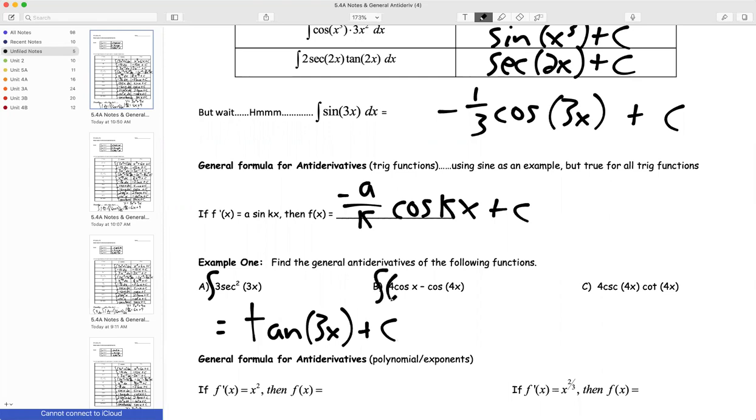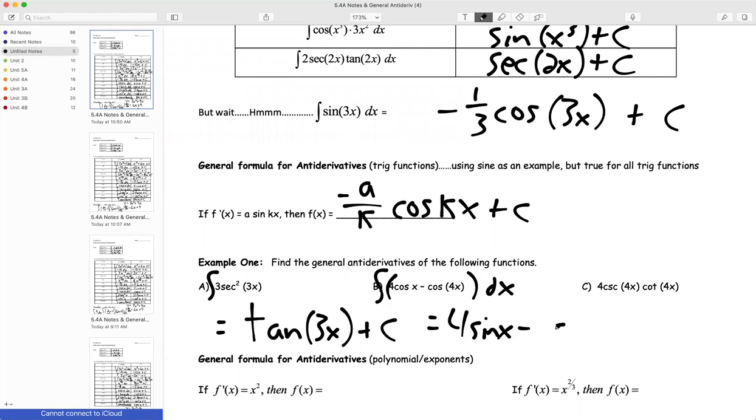So let's do another one here. I have the antiderivative of 4 cosine of 4x. I can move the 4 out since it's constant. So I just have the integral of cosine of 4x, which is sine of 4x. But on this one, I'm going to need to divide by the coefficient again, okay?